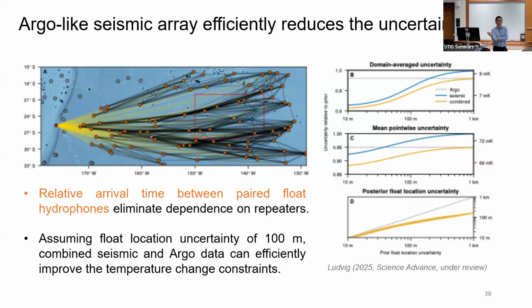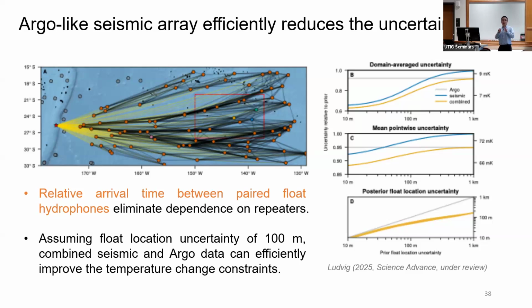And using this technique, one thing I forgot to say is that the way to use T-wave is different. Here, we are not using repeating earthquakes. We are using the same earthquake, but T-waves recorded at two different stations. And we are measuring the relative travel time between the two stations.